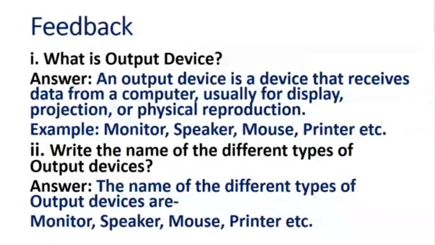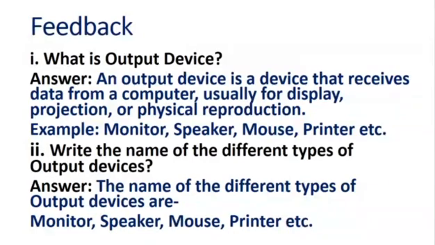First question, what is output device? Can you answer this? Of course. From our today's lesson, we have come to know about output device. That is, an output device is a device that receives data from a computer, usually for display, projection or physical reproduction.